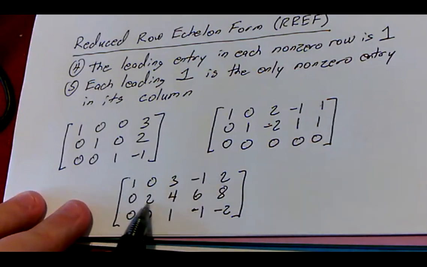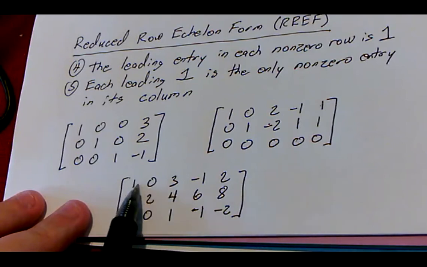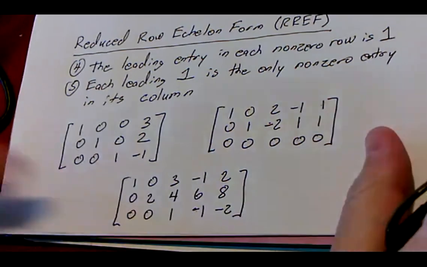I have 3 leading entries. That's fine. So I'm in row echelon form. My 3 leading entries move to the right. I don't have any rows of non-zeros. So REF I have covered, but RREF I have not yet met. Okay, because this leading entry here, the second one, is not a 1, it's a 2, so that's a problem. And this bottom one is a 1, which is fine, but above it, I don't have zeros, okay?